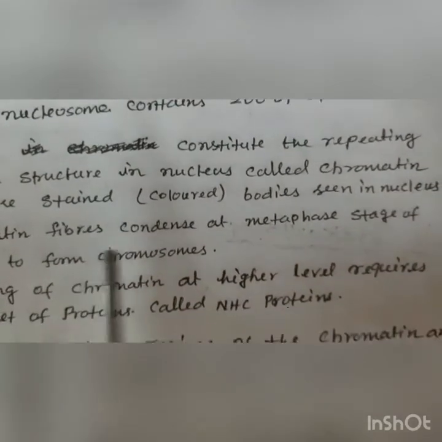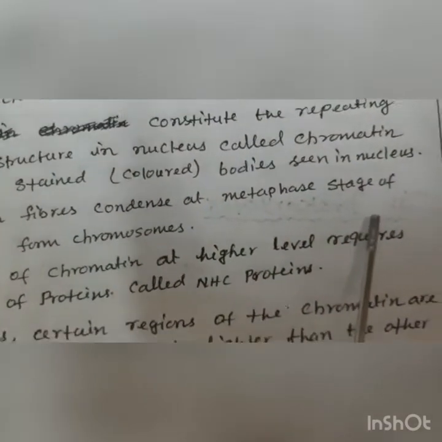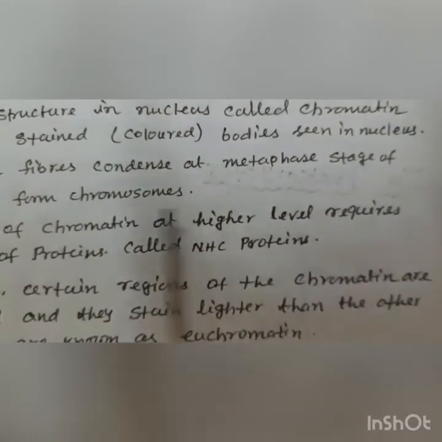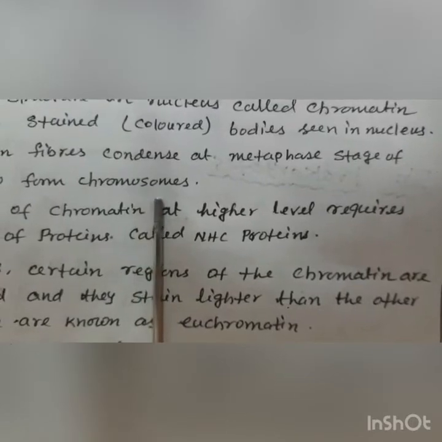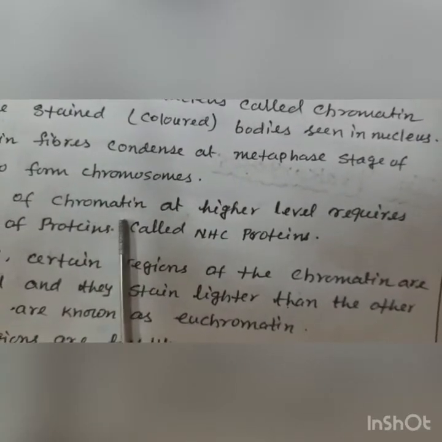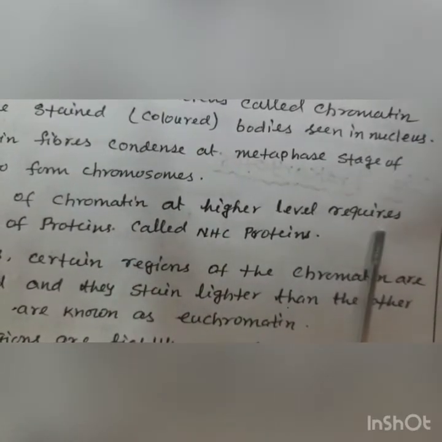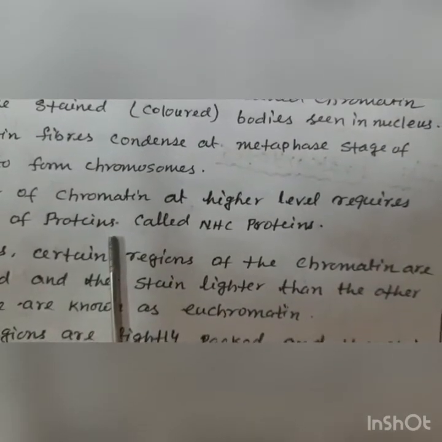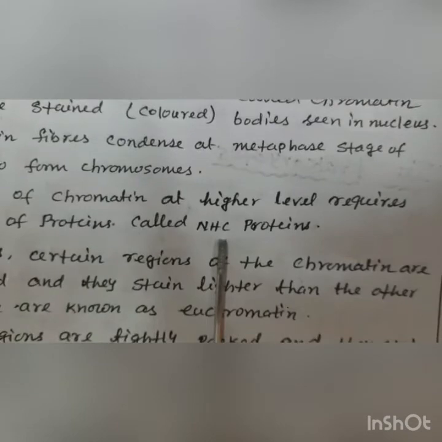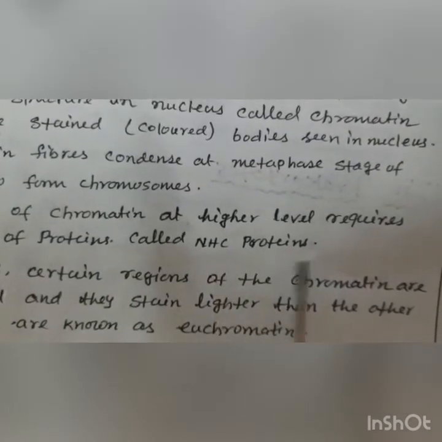The chromatin fiber condenses at metaphase stage of cell division to form chromosomes. The packaging of chromatin at higher level requires additional set of proteins that is known as the non-histone chromosomal proteins.